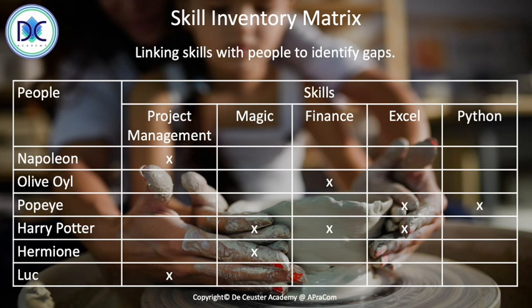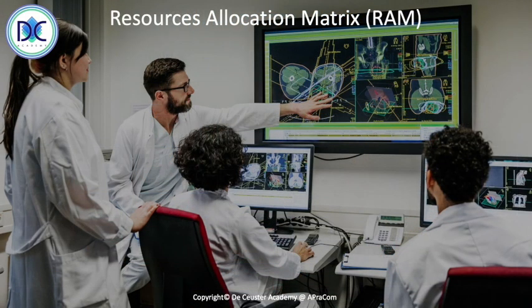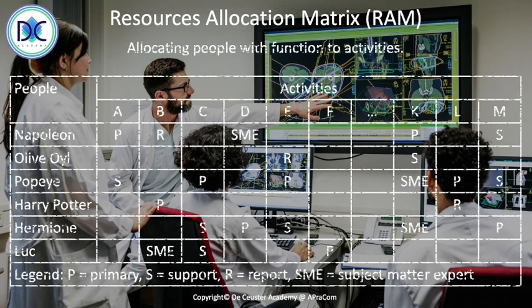Once we know what people are available, we are going to allocate the people to activities. The first element is what we call a resources allocation matrix, or a RAM. In the RAM, we need to define a legend.